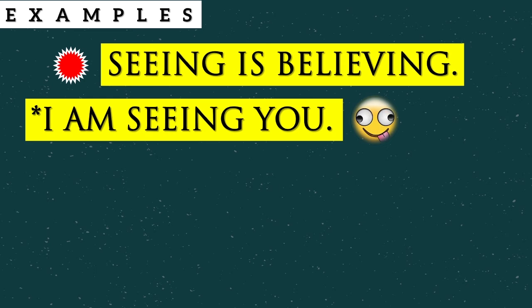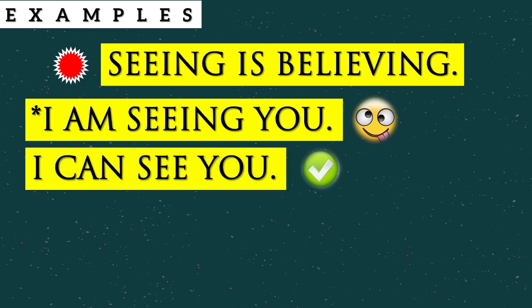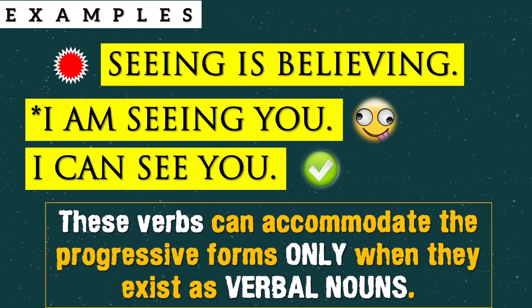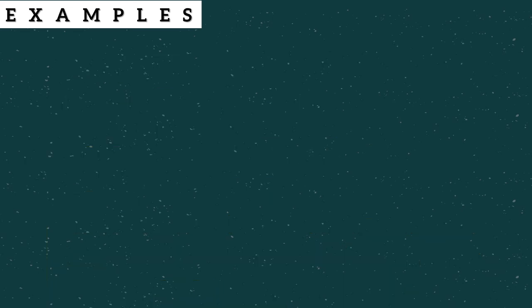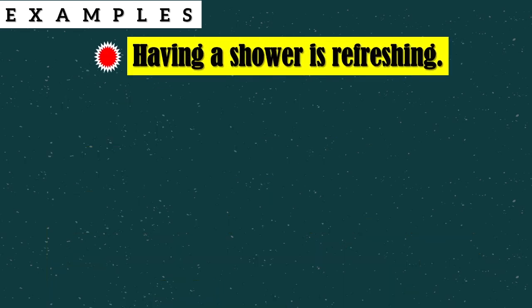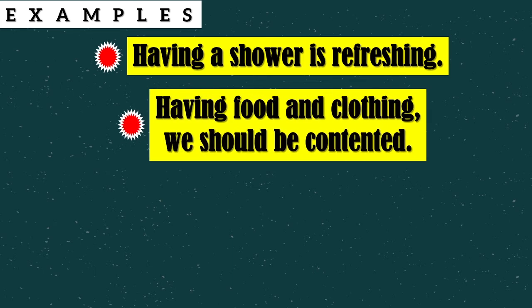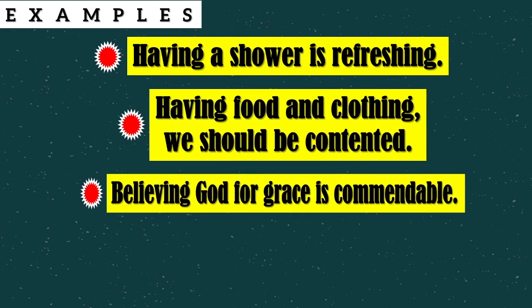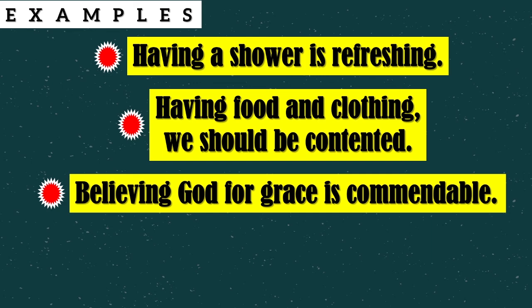Rather, it would be appropriate to say, I can see you. So these verbs can only admit the progressive forms when they exist as verbal nouns. So seeing is believing. Having a shower is refreshing. Having food and clothing, we should be contented. Believing God for grace is commendable.